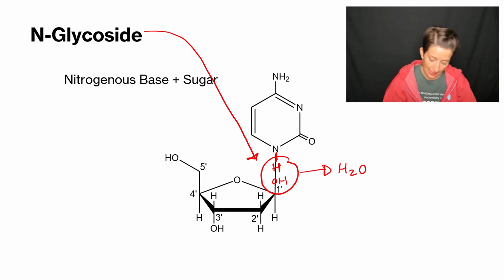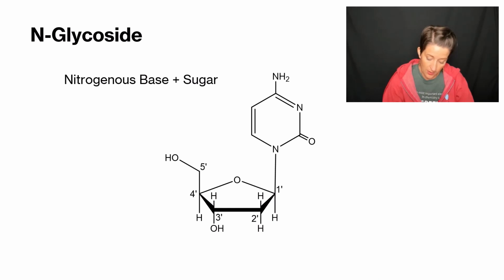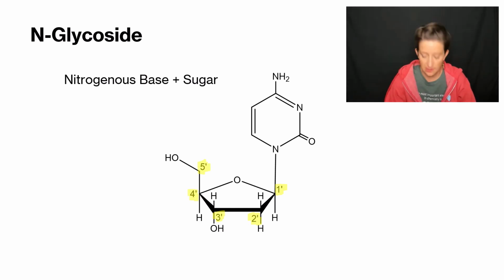When looking at this structure as well, what we also need to be able to notice here is the numbers in the ribose. The number has an apostrophe following it. That apostrophe represents a prime.